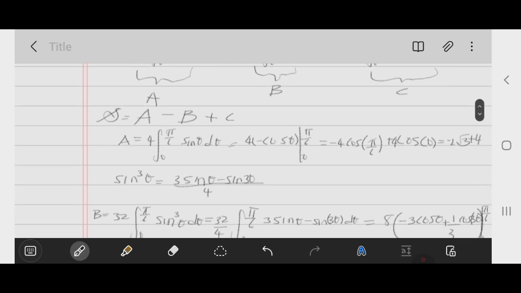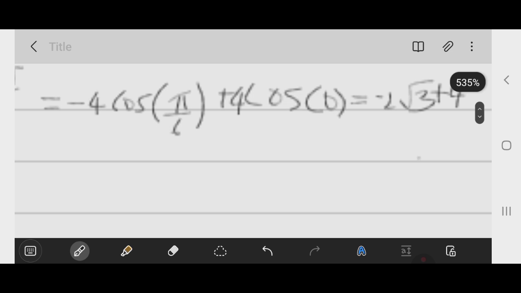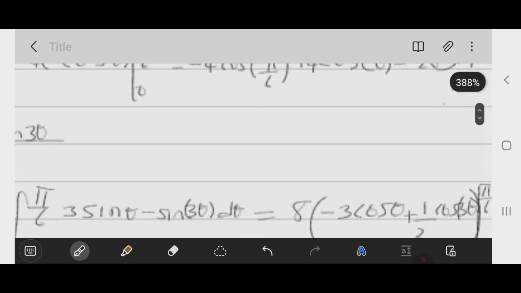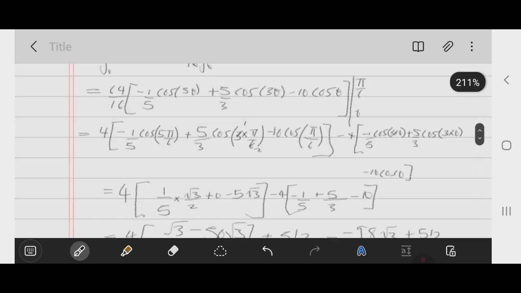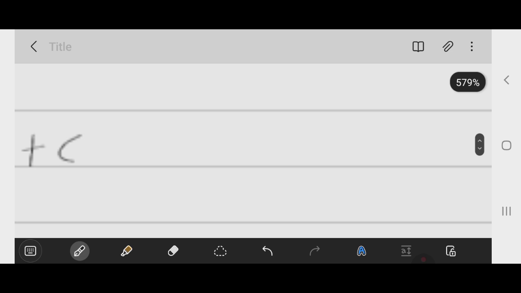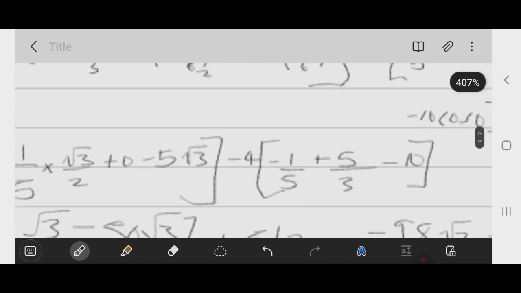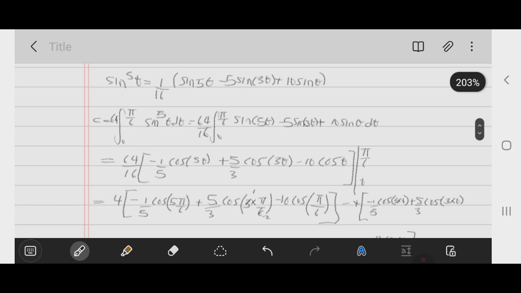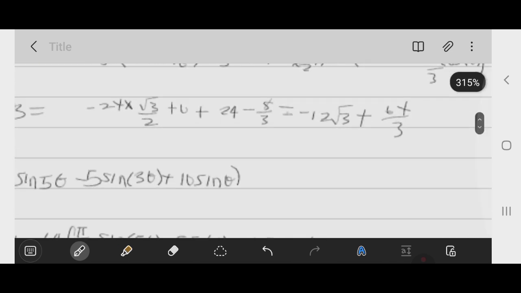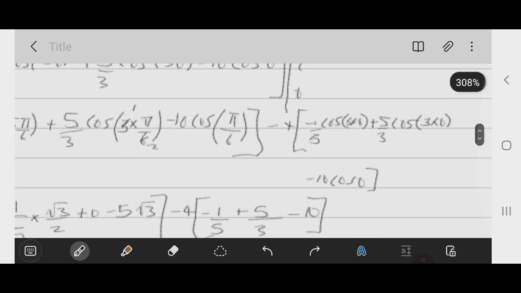So we're going to do some substitutions now. Alright, so this is the value of integral A, so we'll just substitute it here. I have minus 2 root 3 plus 4, and then minus that of integral B, which is this negative 12 root 3 plus 64 over 3.